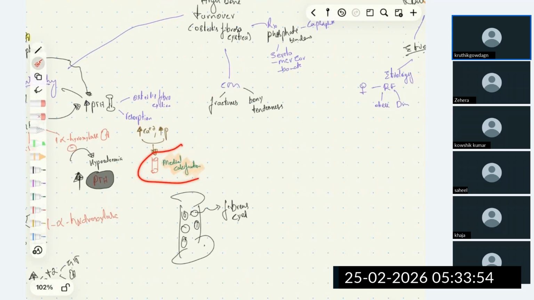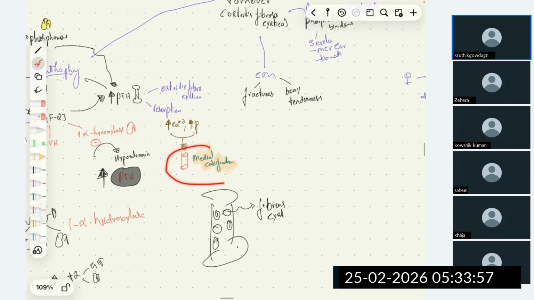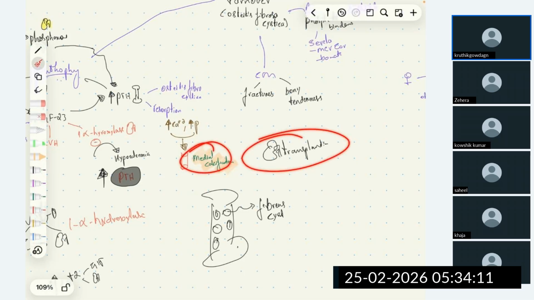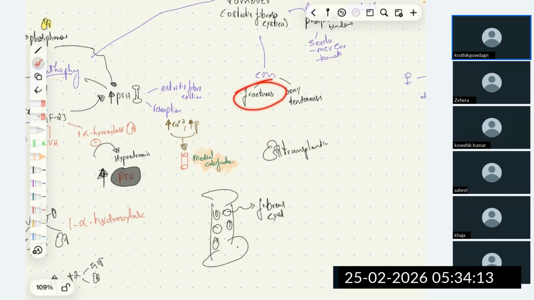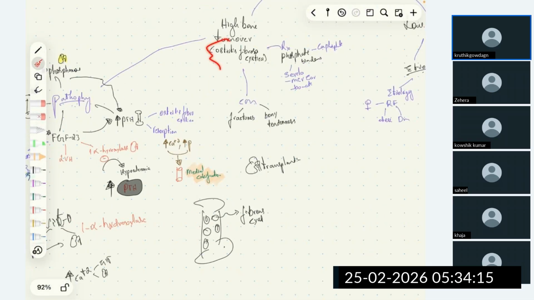We discussed yesterday that medial calcification is one of the causes which makes the patient unfit for renal transplantation. This is the major complication. Medial calcification and fractures are the major clinical manifestations seen in osteitis fibrosa cystica, and they make the patient unfit for renal transplantation.